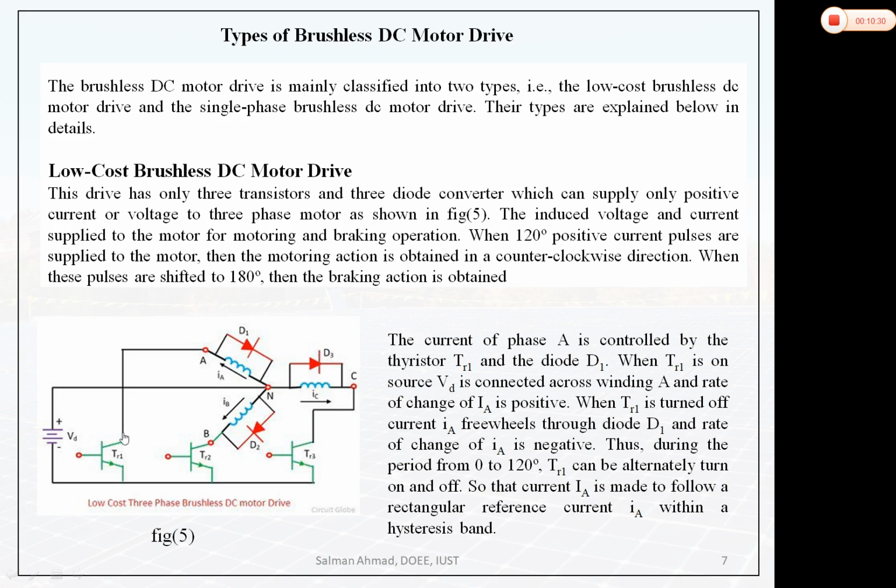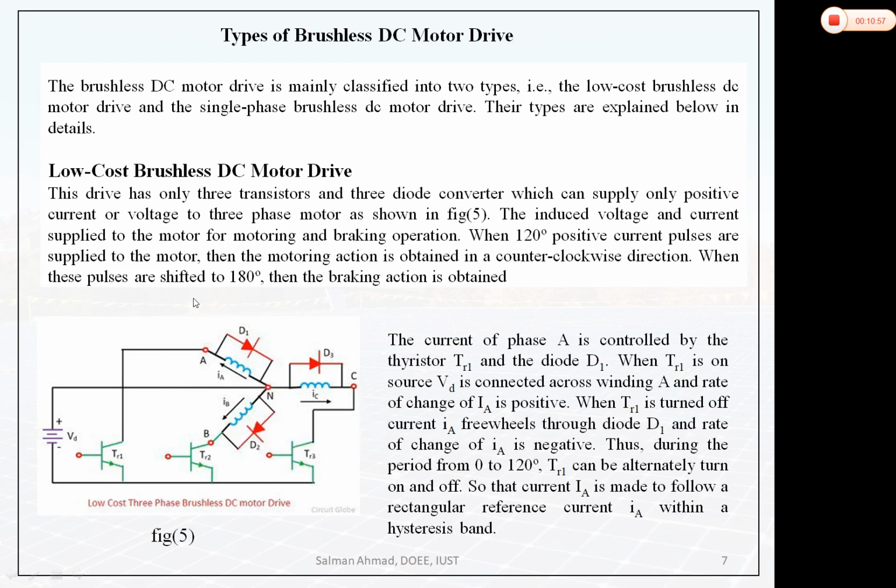Whenever this is turned on, IA will be positive. Whenever this is turned off, whatever current is in this winding will freewheel through this diode. Whenever this is turned on, the positive voltage is applied across this winding, and the induced voltage will be positive. Whenever this is turned off, it will freewheel through this one.